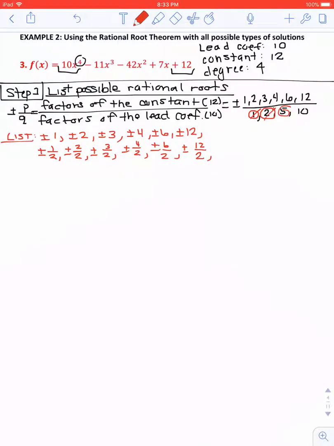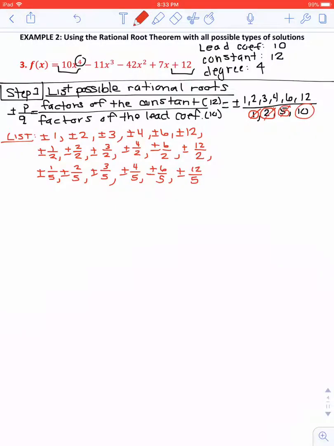Next denominator. It's a big list. So, over 5. So 1 over 5, 2 over 5, 3 over 5, 4 over 5, 6 over 5, and 12 over 5.